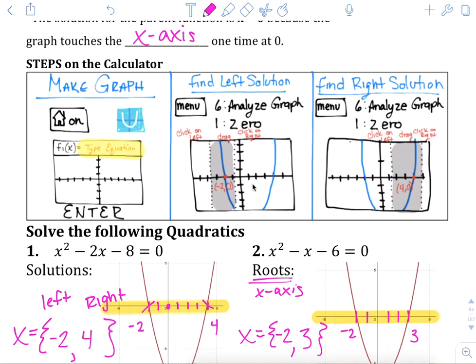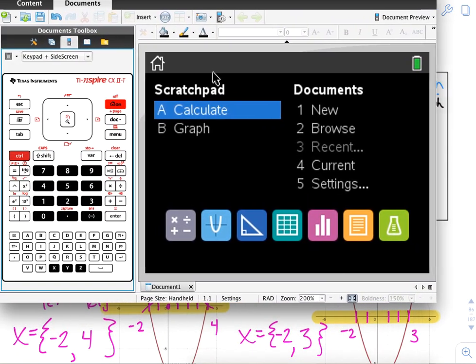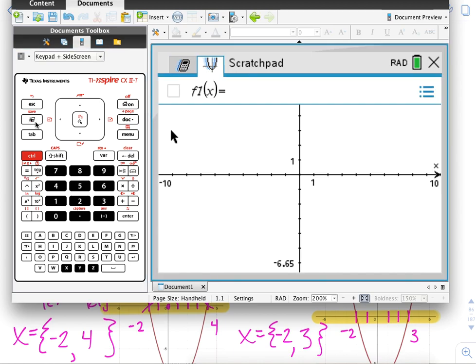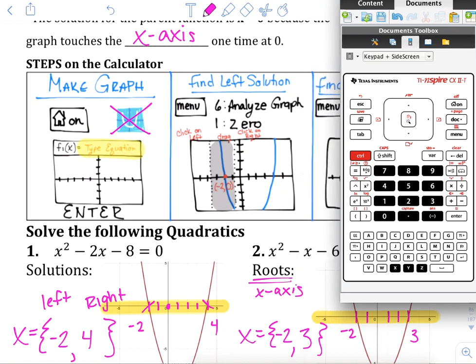Okay, so first of all, we're going to make a graph. I am okay if you don't go to the graph option. Let me show you on your calculator screen. I am okay instead if you use the graph right here for Scratchpad, or if you go to this button over here, okay? If you go into a graph for Scratchpad, I think that is perfectly sufficient, okay?